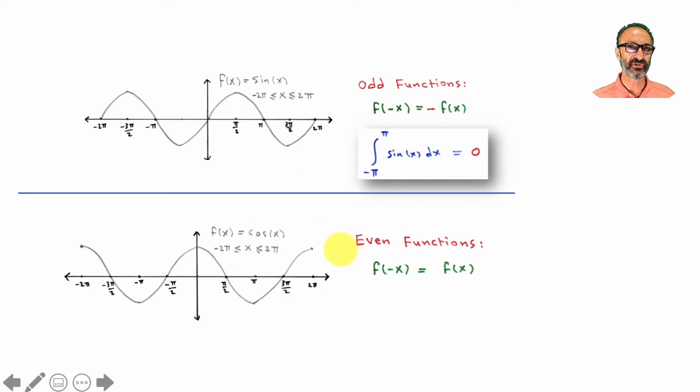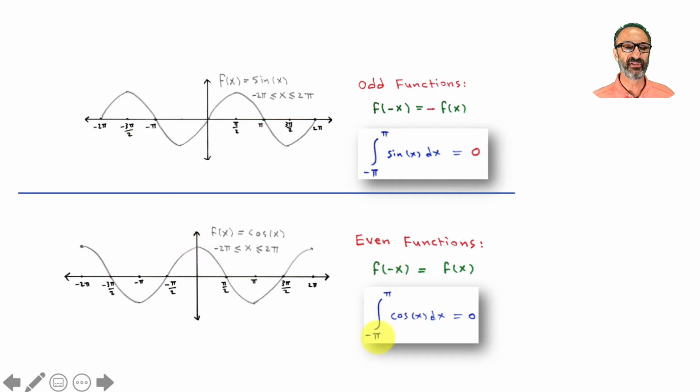Now for even functions, I know the general rule says twice from 0 to a. You could do that, but if you know that we have some kind of symmetry, you could reduce your work and just find the answer quick. I'll show you what I mean.